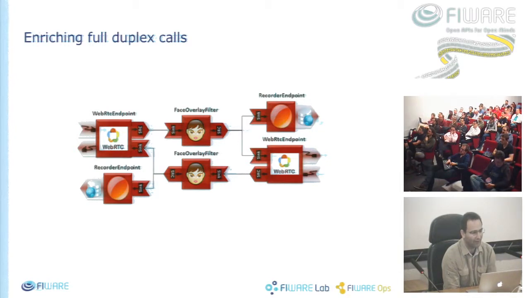Yeah, that's the point. Instead of connecting the recorder to the source of the face detector filter, I need to connect it to the source of the WebRTC endpoint. And in that case, I will be recording whatever the WebRTC endpoint is providing, which has not a hat, because the hat is being added by the filter in the middle.